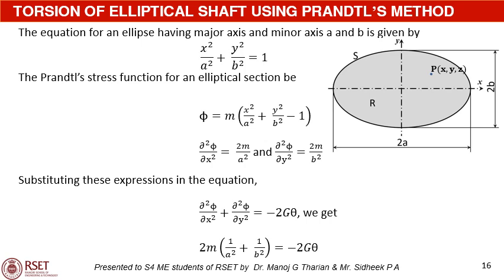Taking the partial derivatives, we get ∂²phi/∂x² = 2m/a² and ∂²phi/∂y² = 2m/b². Substituting these expressions in the equation ∂²phi/∂x² + ∂²phi/∂y² = −2Gθ, we get 2m (1/a² + 1/b²) = −2Gθ.